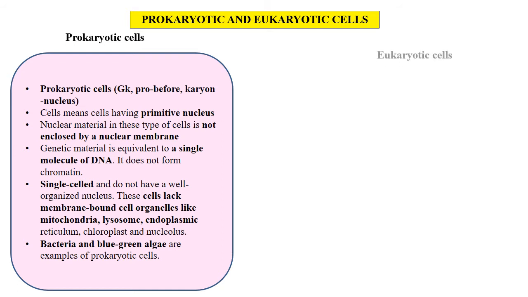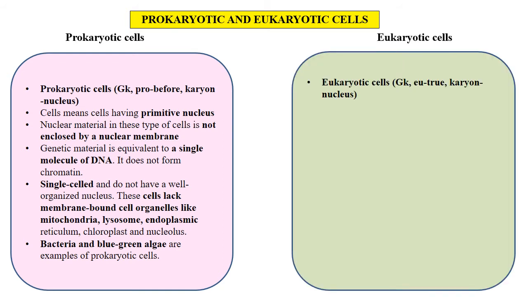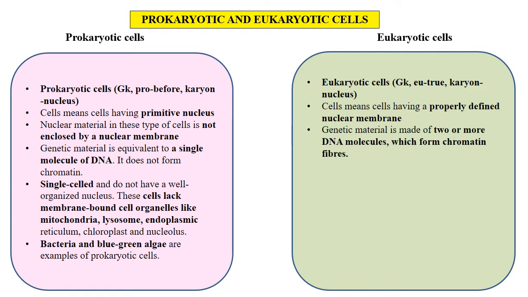Eukaryotic cells. Eu, true, karyon means nucleus. Eukaryotic cells means cells having a properly defined nuclear membrane. In these cells, the genetic material is made up of two or more DNA molecules, which form chromatin fibers. The nuclear material is enclosed in a nuclear membrane.